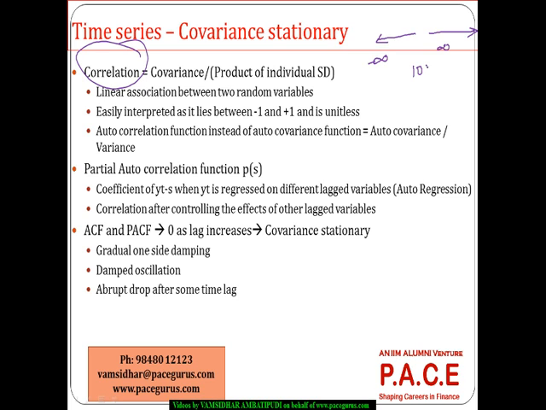Even a covariance of 10 million may not be a significant relationship between the variables, whereas for some other data set, even a covariance of 10 could be very significant. So directly looking at the covariance, I cannot say whether it is very high or very low.